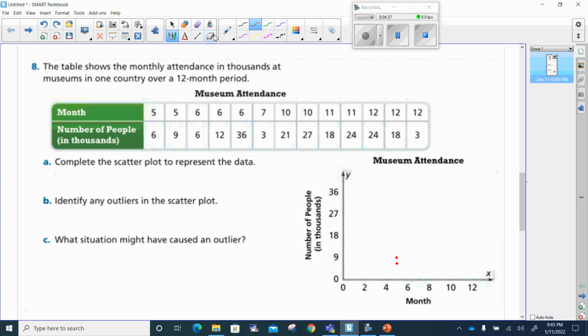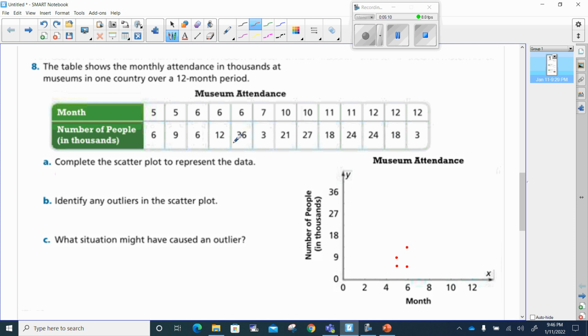And I might have put 6 slightly higher than I should have. Maybe it should be about right here. Okay. And I got 6 and 6, so I go to 6 here, and then 6 here. Then I got 6 and 12, so I got 6 here. If this was 9, 10, 11, 12 would be about right here.